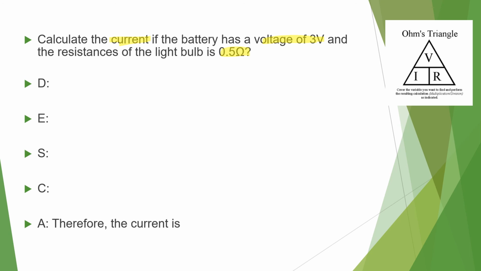Calculate the current, so we want to find I, because I represents current. They gave us voltage or potential difference, that's 3 volts, and they also gave us resistance, which is 0.5 ohms. If we're trying to find I, we're going to cover it up, and whatever is left over is V divided by R.